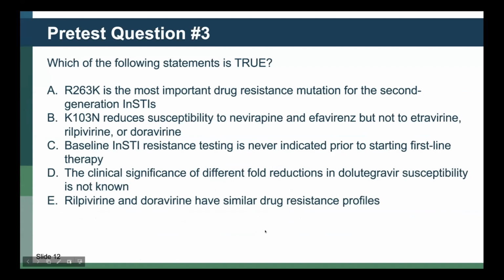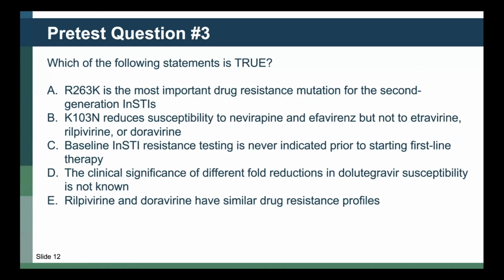And the final pretest question: which of the following statements is true? You get a single choice. The 263K mutation is the most important drug resistance mutation for the second generation integrase inhibitors.